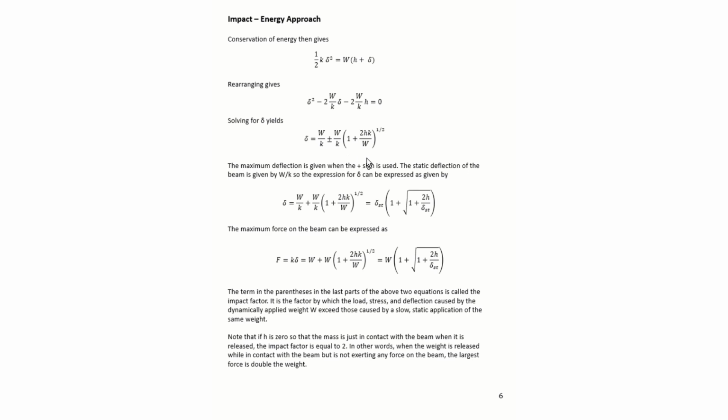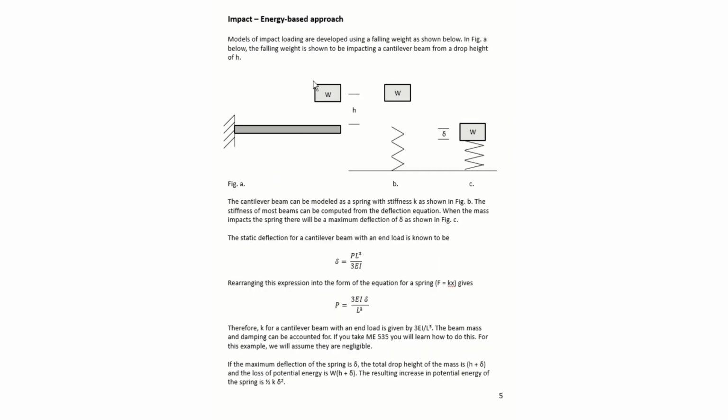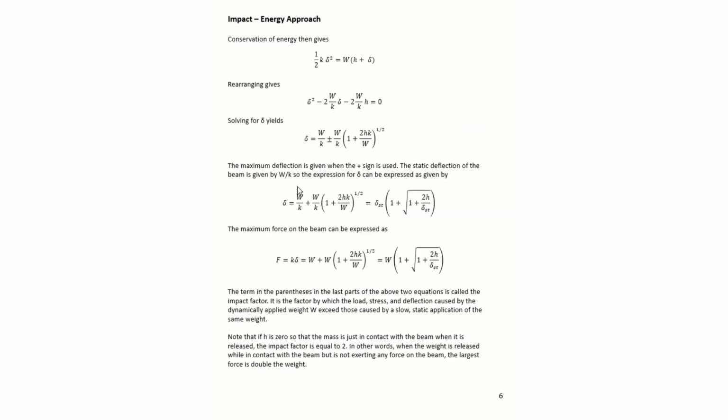The static deflection of the beam is given by W over K. So if we wanted to know the static deflection of this beam, we'd let W come to rest here, and then apply the stiffness and find that static deflection. We can write delta as W over K plus W over K times the square root of 1 plus 2HK over W.